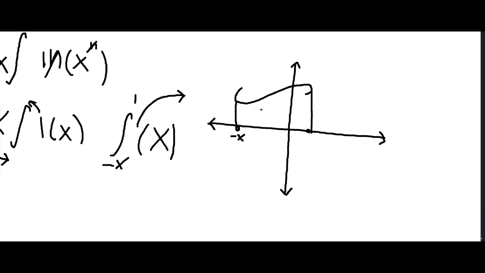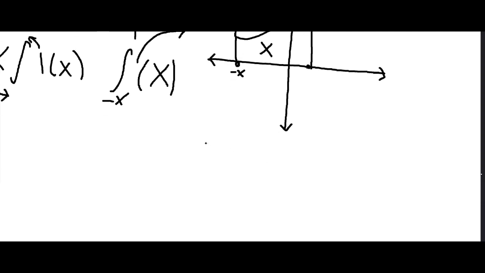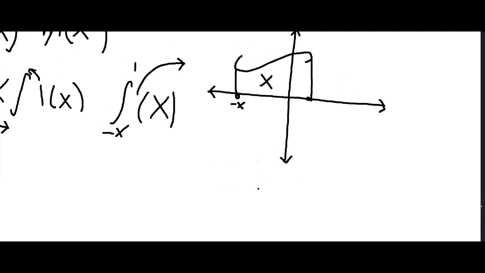Why? Because now we know that the area under here is x. It's no longer ln x to the n under 1. That would be far too complicated to solve. It's just x, which is much simpler to solve. So if we go down here, we're able to start setting our area equation.